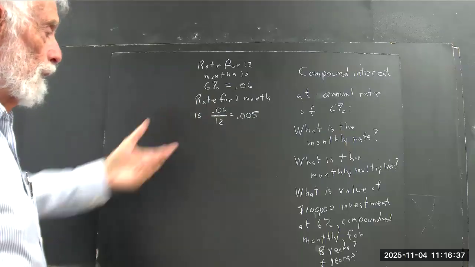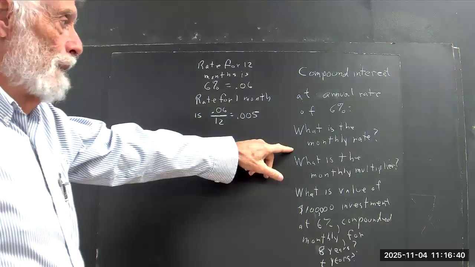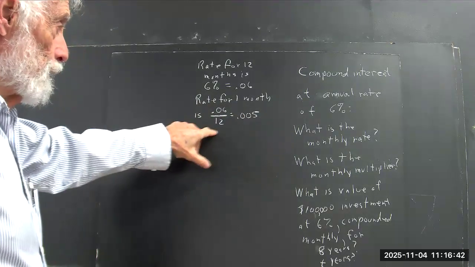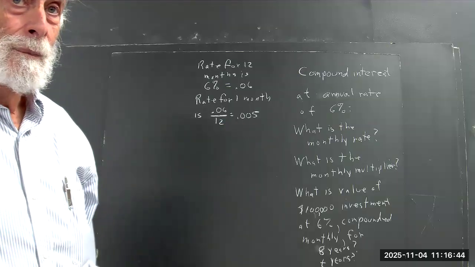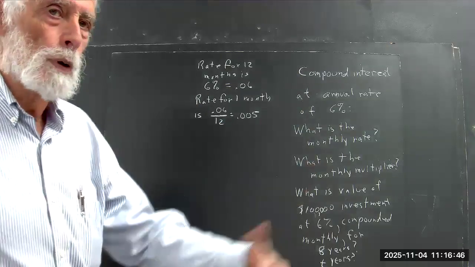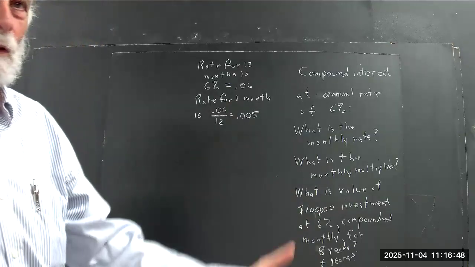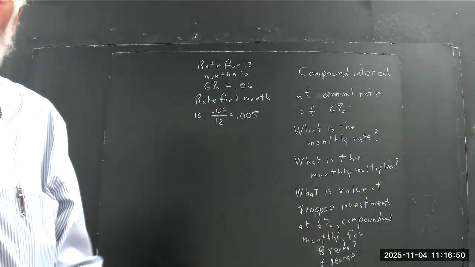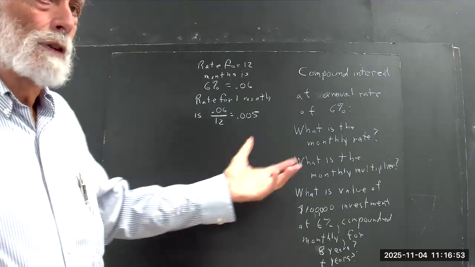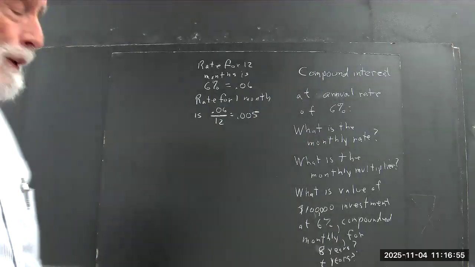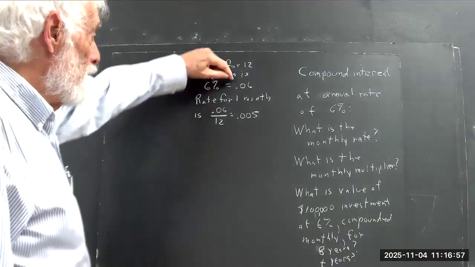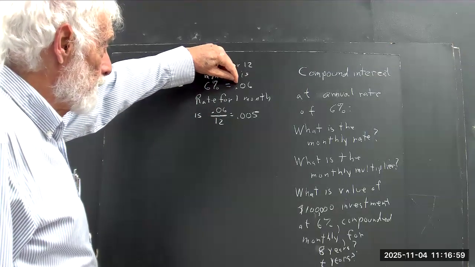Well, the rate for 1 month then, and everybody got this, is 0.06 over 12. Now, in a couple of cases, I had to prompt you. I said, if it's 6% for a year, how much is it for a month? But then people said, well, you divide 6 by 12.